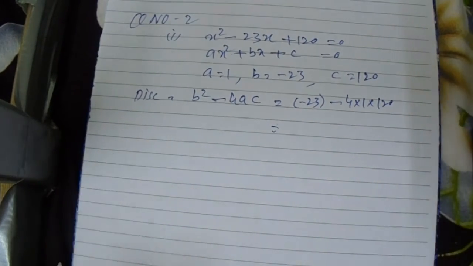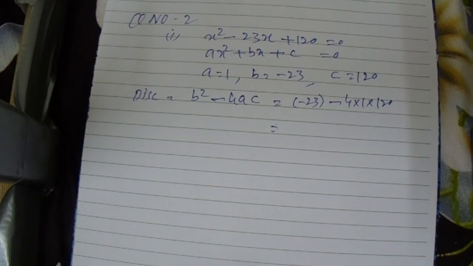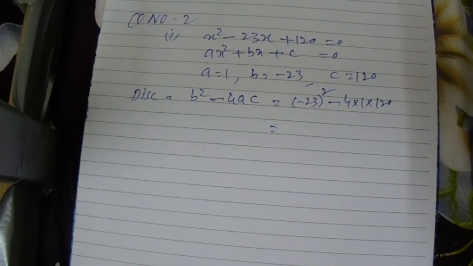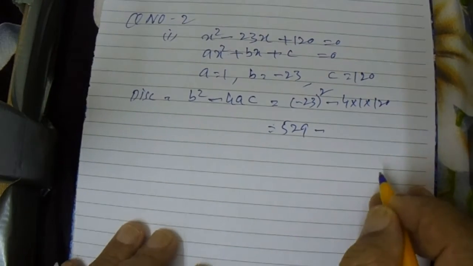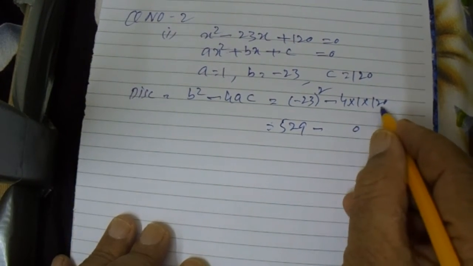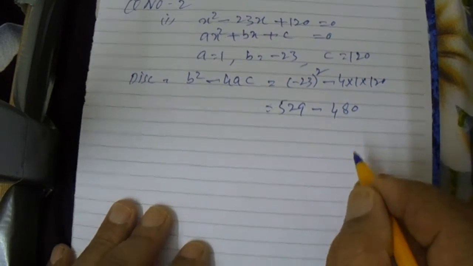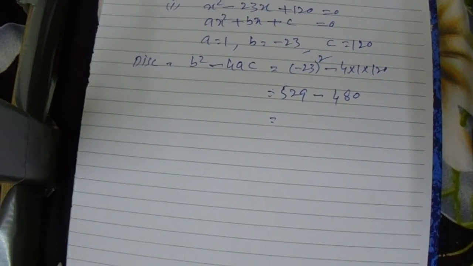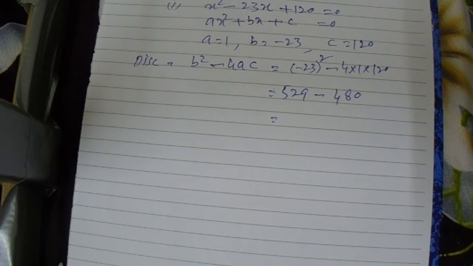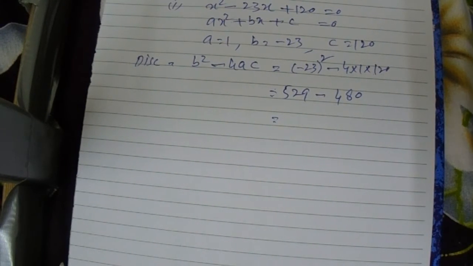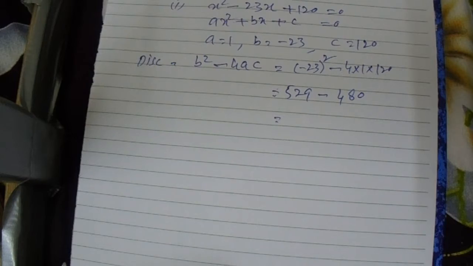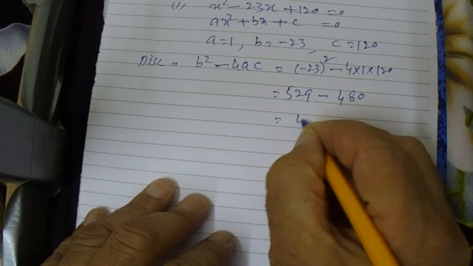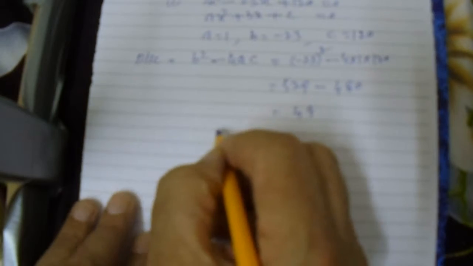Now 23 whole square is equal to 529. 529 minus 4 multiplied by 1 multiplied by 120 is 480. Now we subtract 480 from 529. It is equal to 49. This is also the discriminant.